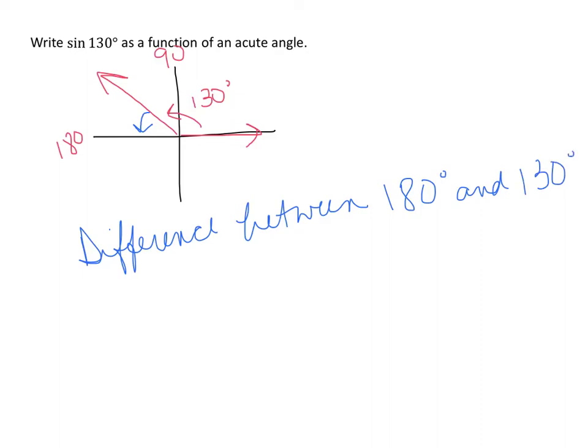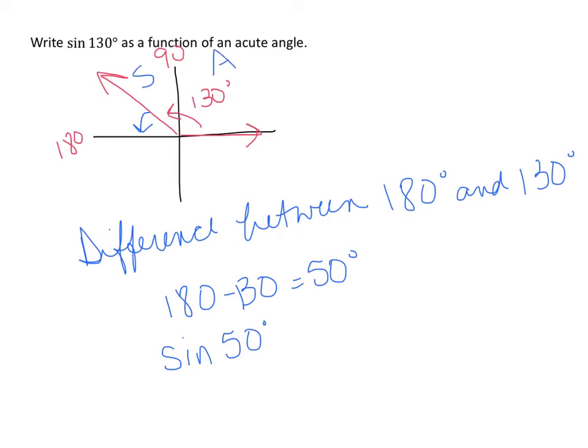In this case, it's 50 degrees. So I would write that it's the sine of 50 degrees, but I do have to remember, all students take calculus, to make sure that I have the proper sign on this sine function. In this case, it's going to be positive, so I can leave it the way that it is.